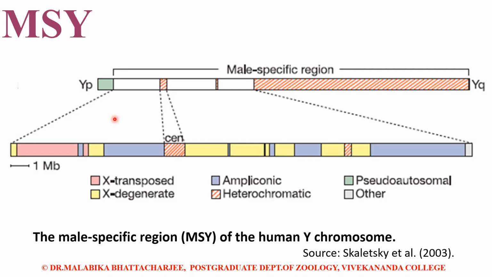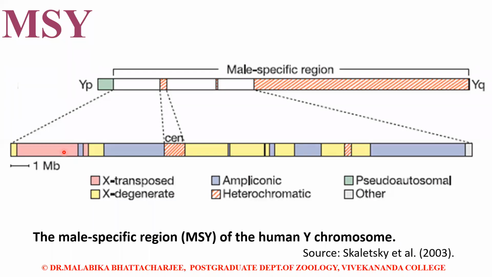The X transposed region is 99% identical to the region XQ21 of the modern human X chromosome. Two genes, both with X chromosome homologues, are present in this region. So this shows the maximum similarity with the X chromosome, the peach color.